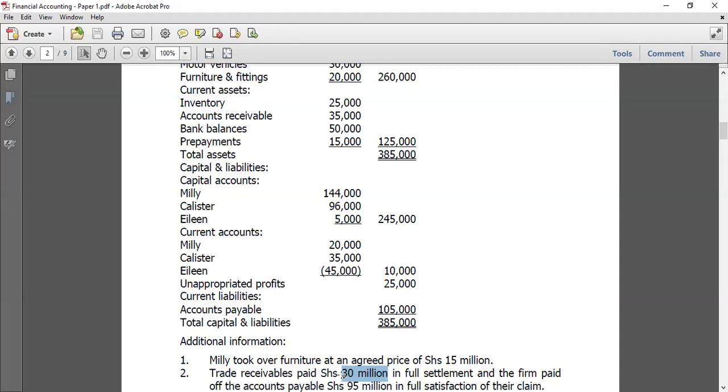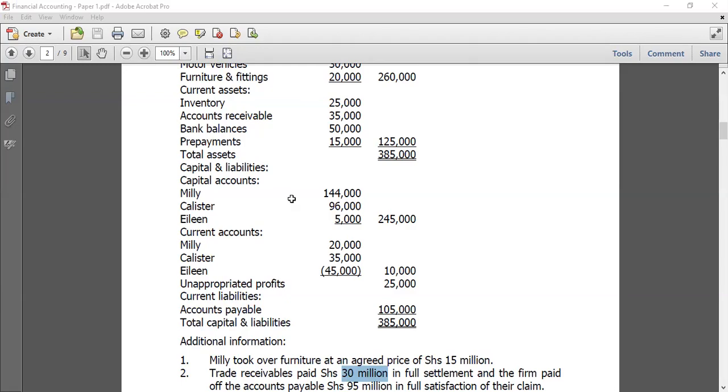But that is how it should be. So when we are getting payments from our customers, okay, remember when we transferred our receivables, we put them where?